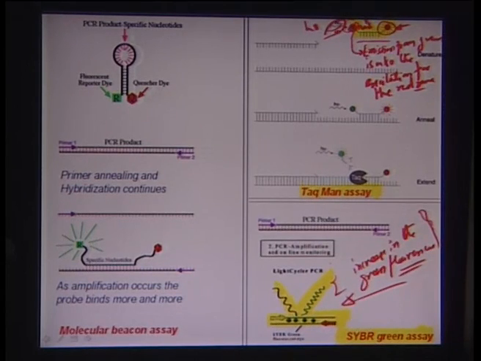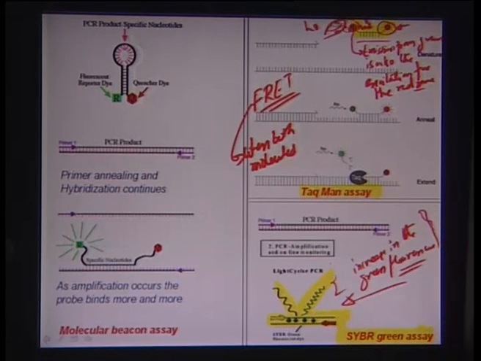This transfer of the emission signal from one into the excitation spectrum of the other is known as fluorescence resonance energy transfer, or FRET. This can only happen when both molecules are close to each other, within the Forster's distance.